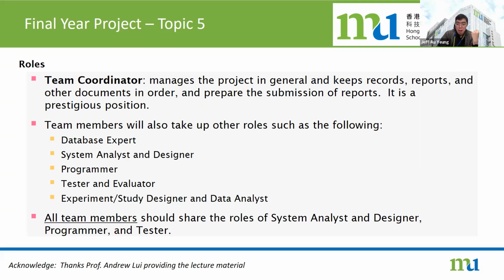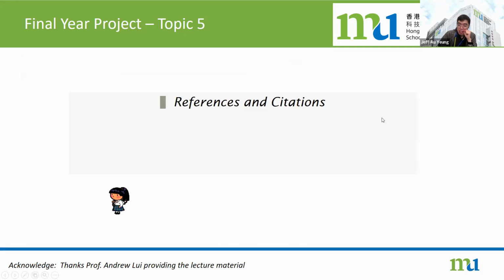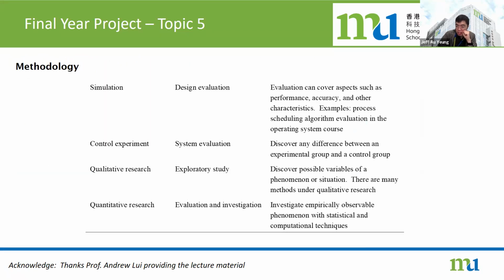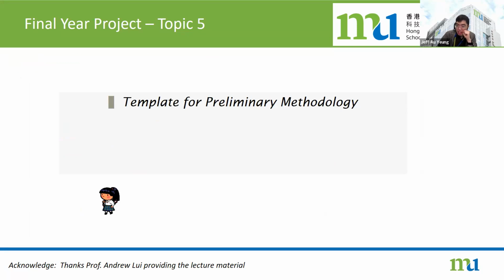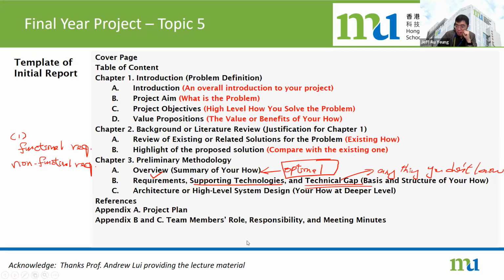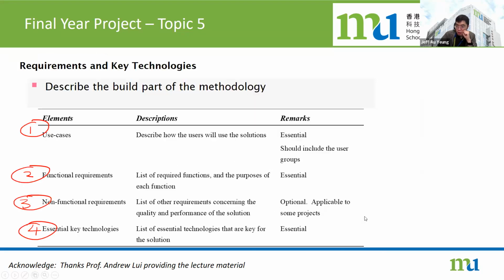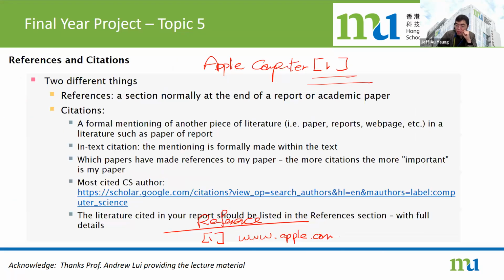Now, at the end of the project, if it is a good project, then you may need to have some kind of membership responsibility. So you're going to have a project plan.